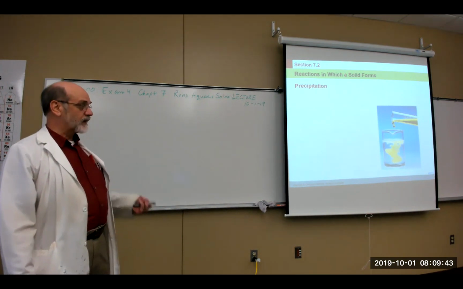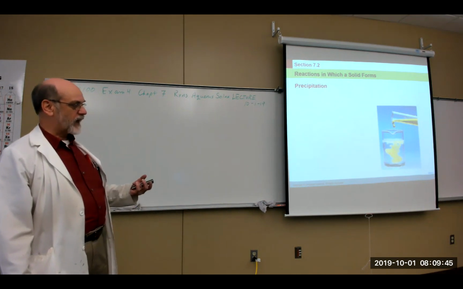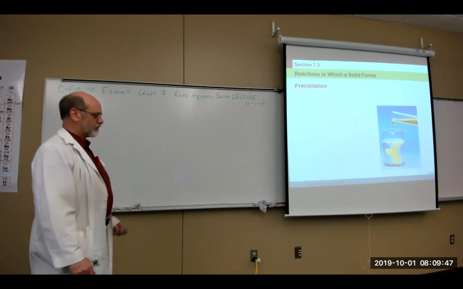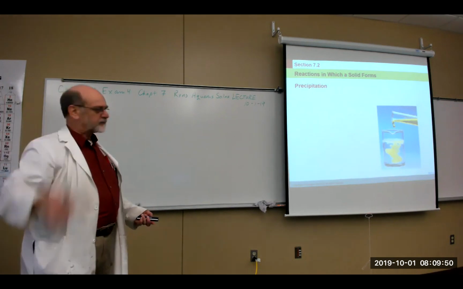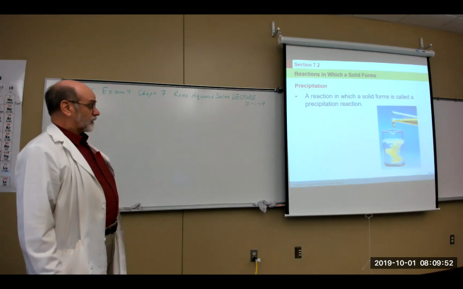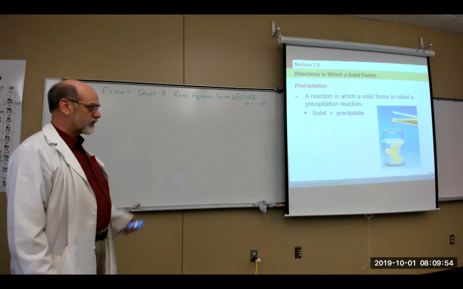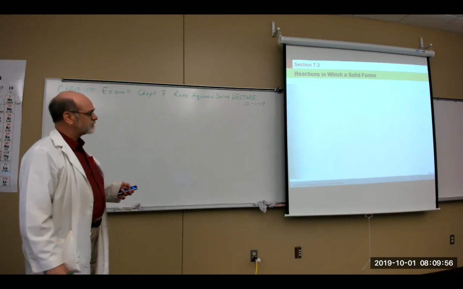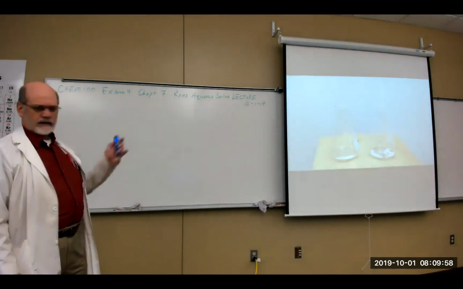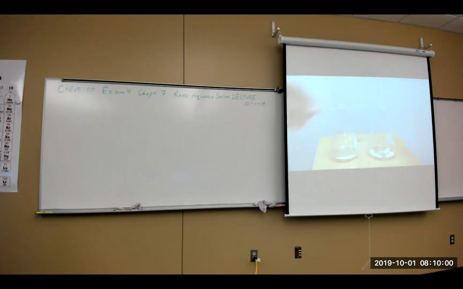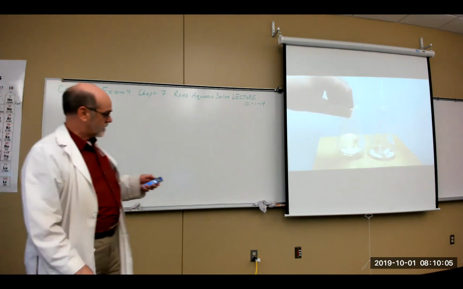If you form a solid as a product of a reaction, it tends to drive the production of that solid. We call the solid a precipitate. We saw that one too, didn't we? We didn't need to watch that again.